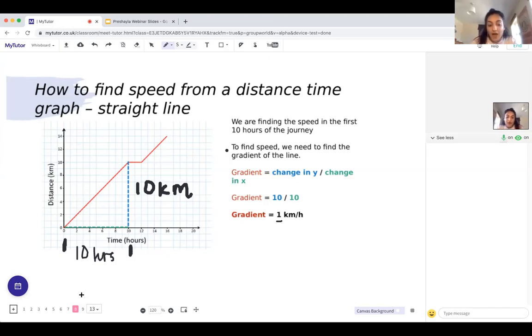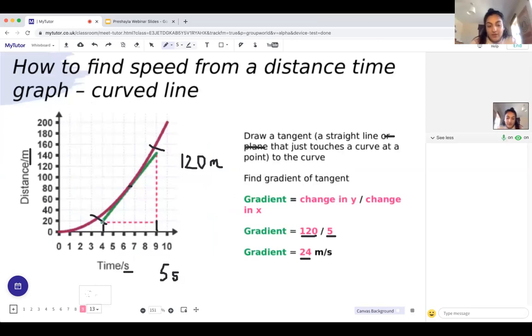However, for a curved line, we need to draw a tangent first. So we draw a tangent and we find the gradient of that tangent in the same way that we do for a straight line. So we cannot find the gradient of the curve. We can only find the gradient of the straight line. So we need to draw a straight line, then find the gradient of that straight line in the same way.